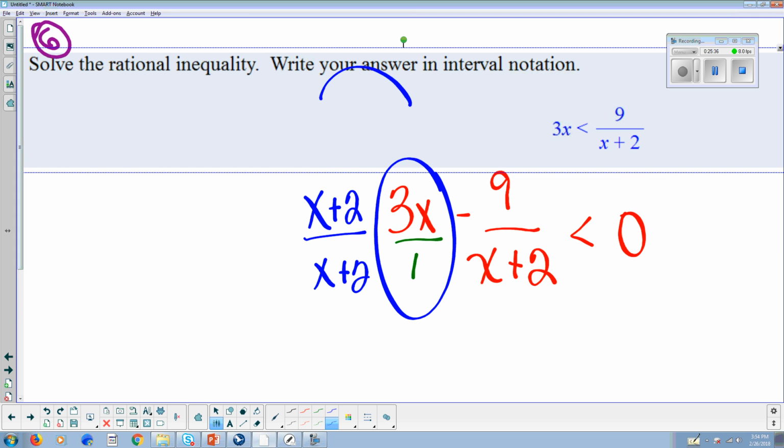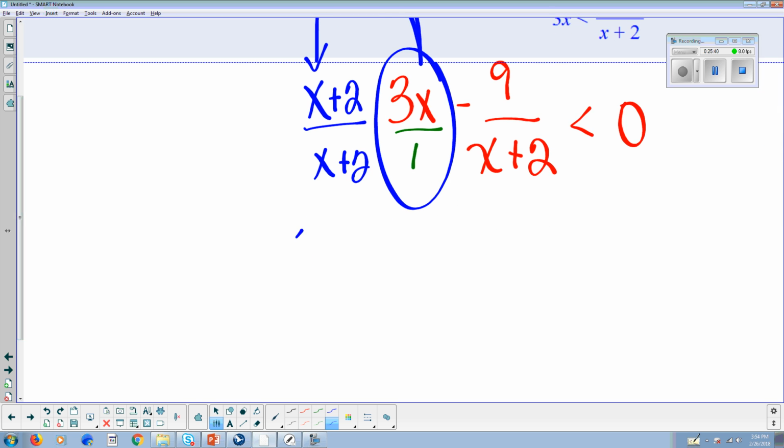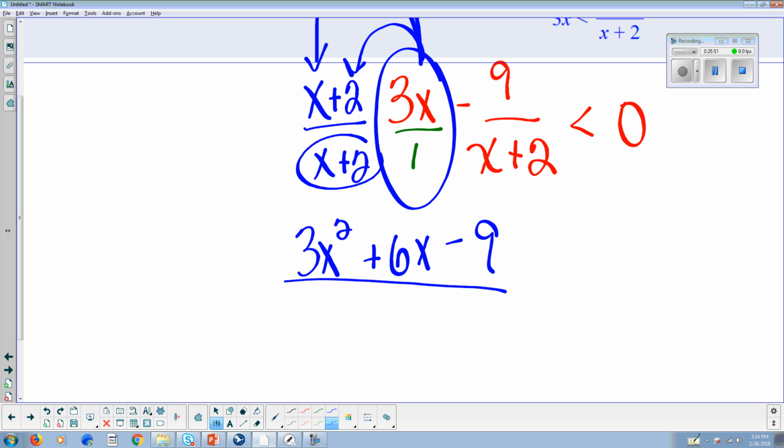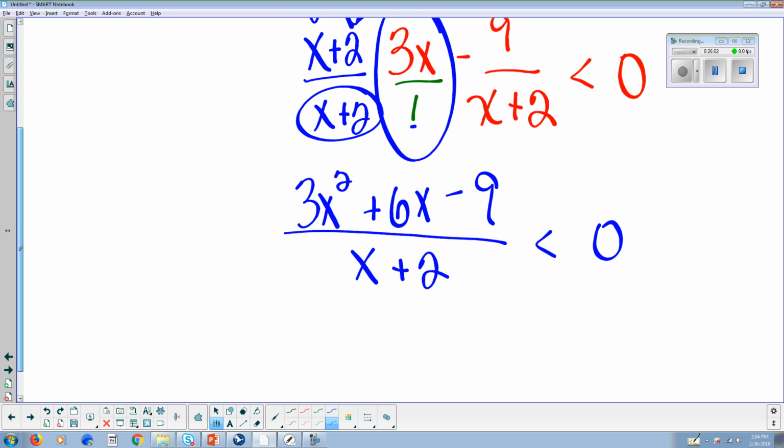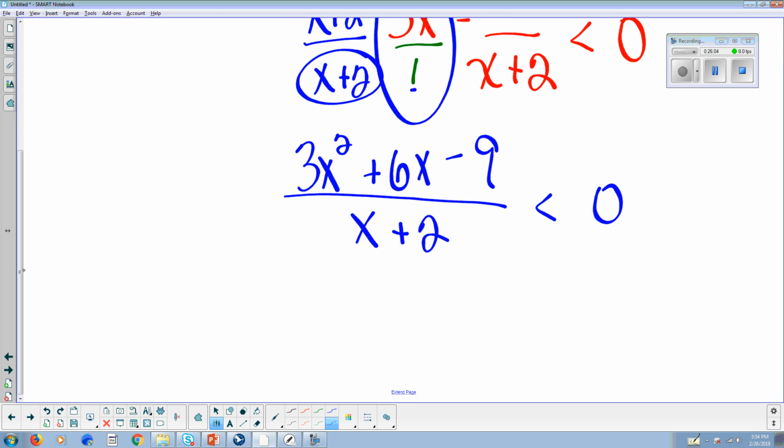So I get 3x times x is 3x squared. 3x times 2 is 6x. And then I have minus 9 all over x plus 2 times 1 is just x plus 2. This is all over a single fraction now. And honestly, I can factor 3x squared plus 6x minus 9.